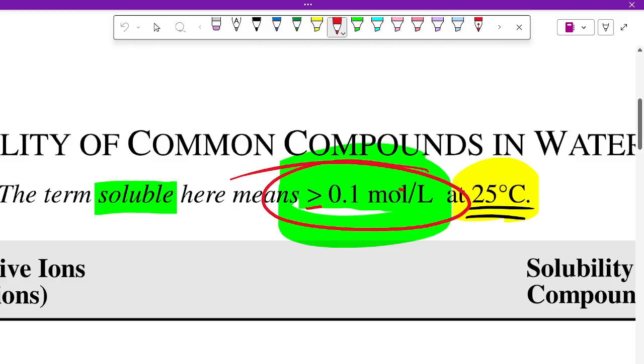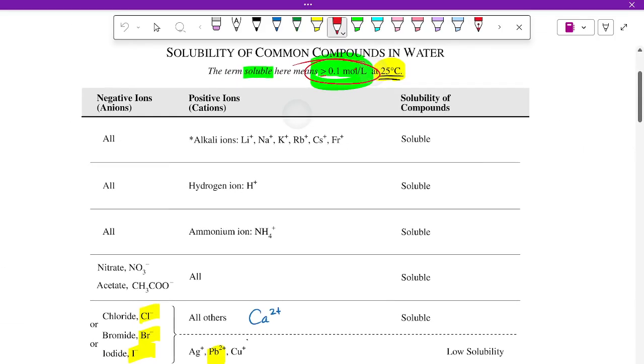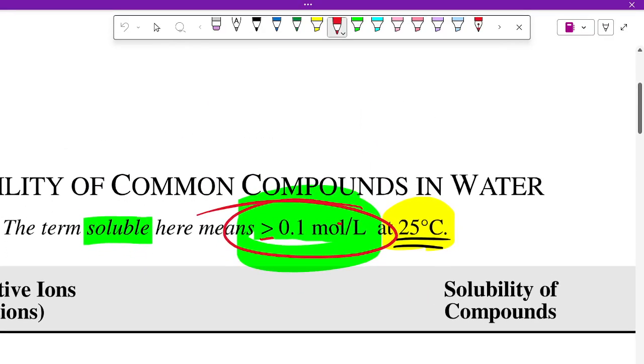For all of our compounds here, if we are going to use this table of solubilities, soluble means you can form a solution with greater than or equal to 0.1 moles per liter. I'm not going to mention that right now. We'll talk about that later.